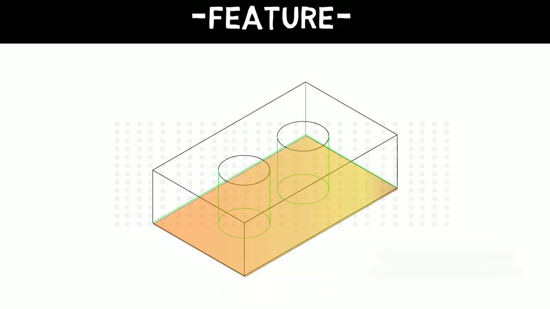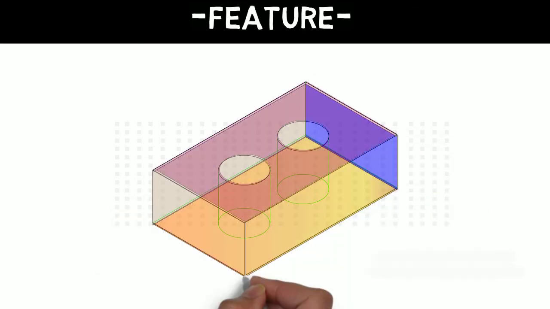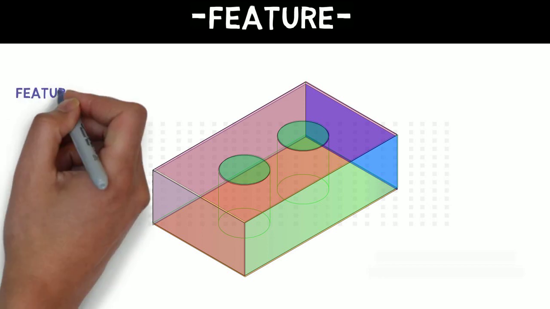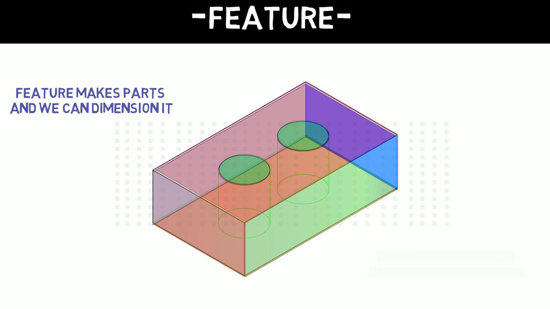Consider this part. If we plot its top view, here all 6 faces of the part are features which made this block like this. After that we have added 2 holes which made our actual part. It means feature is the thing which makes any part and we can dimension it.